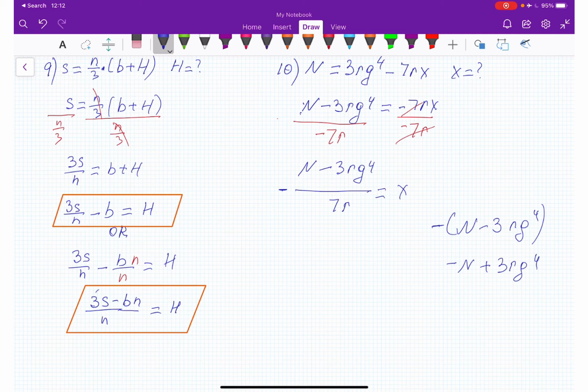Sorry, this is g. And here I would first write just the positive term, 3rg to power 4 minus n over 7r, equal to x. This is one format.